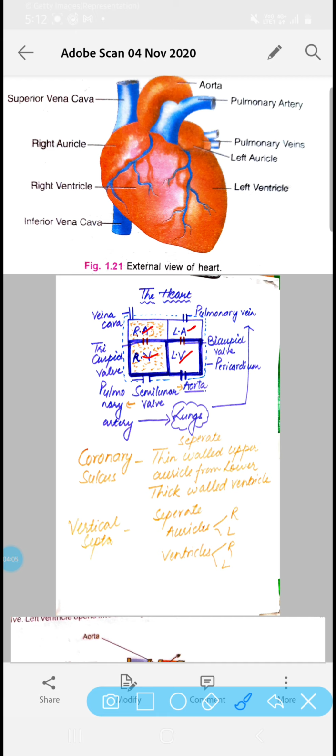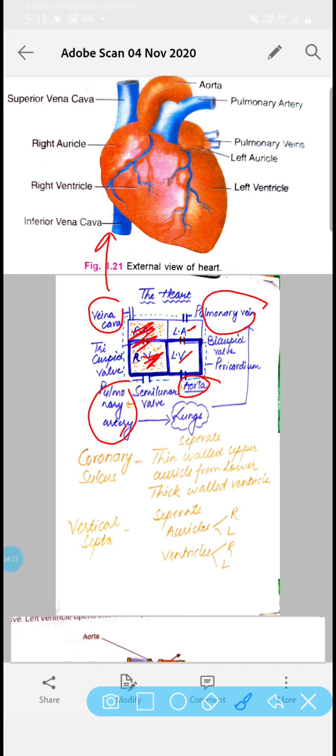Okay, the right hand side has deoxygenated blood and the left hand side has oxygenated blood. Clear? Now here I have represented the vena cava, which I have already discussed with you from the above diagram. Clear? I have mentioned here pulmonary vein, pulmonary artery, pulmonary vein, aorta.